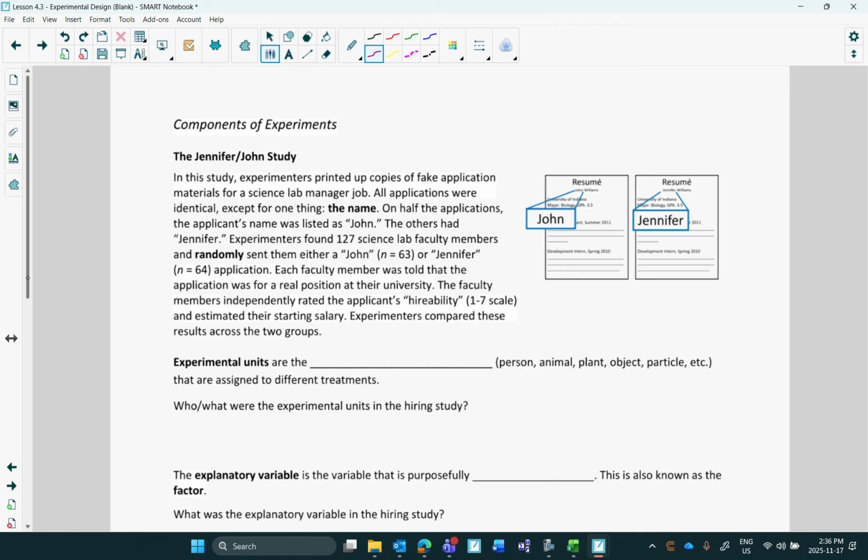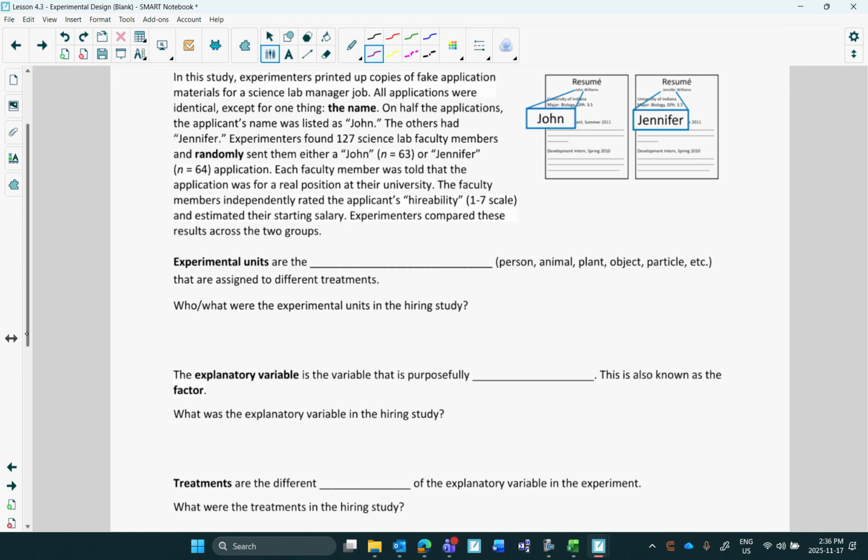Okay? Some terminology you need to be familiar with. The experimental units are the individuals or subjects that are assigned to the different treatments. Who were the experimental units in this study?